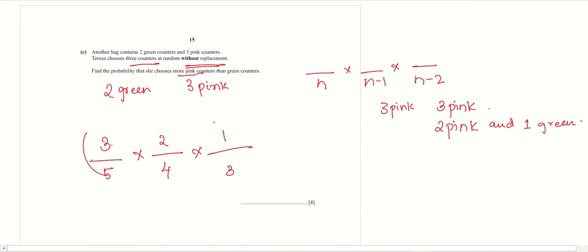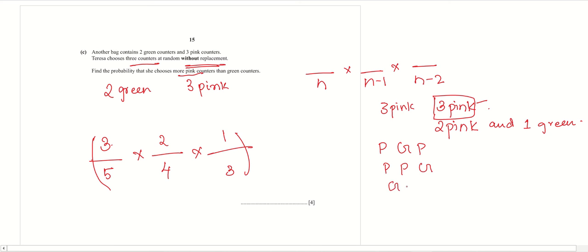So this is not just the scenario. We're not done with our question. We only finished for 3 pinks. So she can choose 1 pink, then 1 green, and then 1 pink. She can choose 1 pink, another pink, and then green.